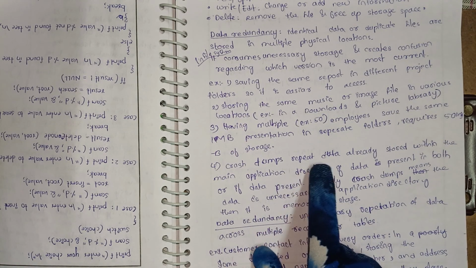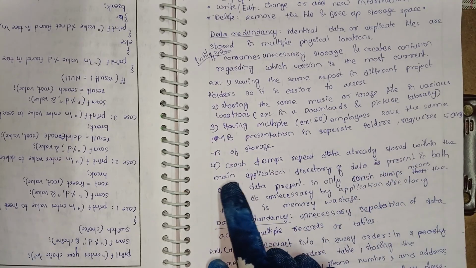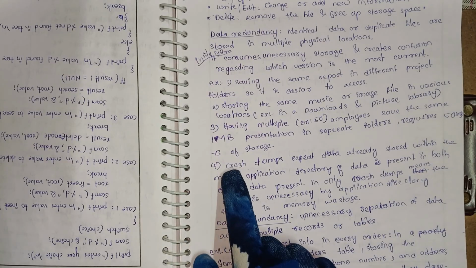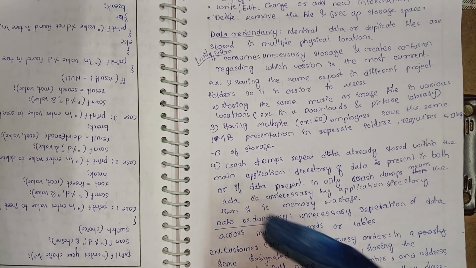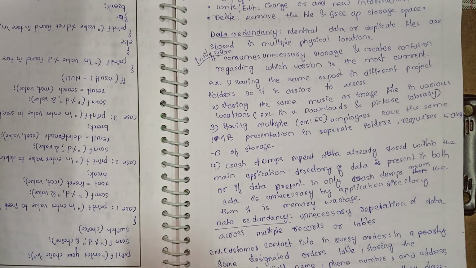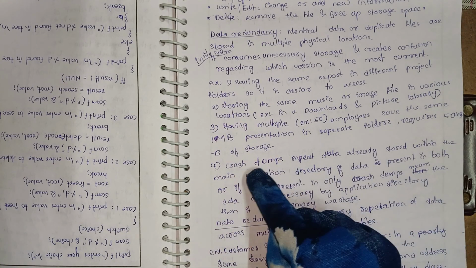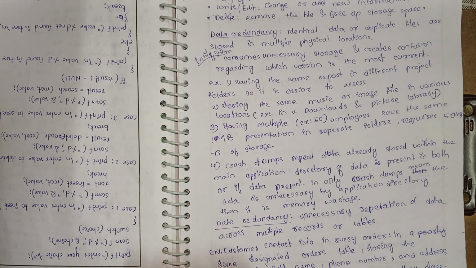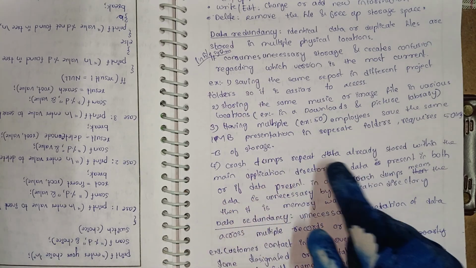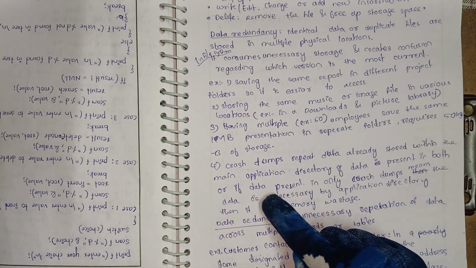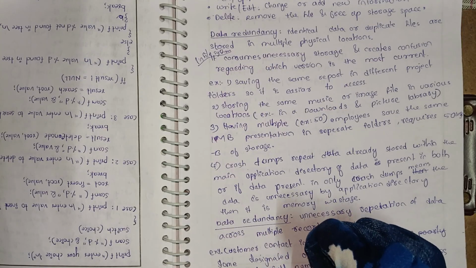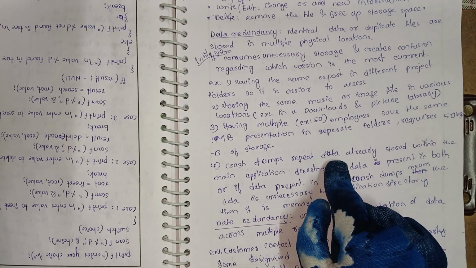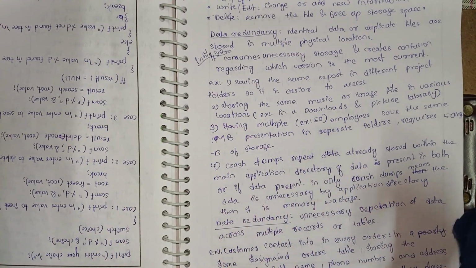And crash dumps repeat data already stored within the main application directory. If the data is present in both the crash dumps and the application, the crash dumps repeat the data, which leads to storage wastage.